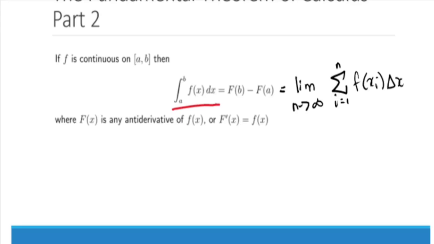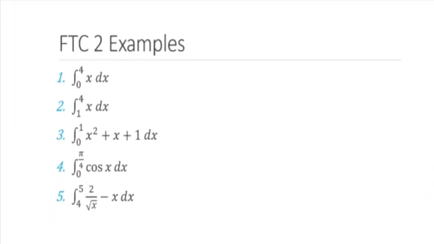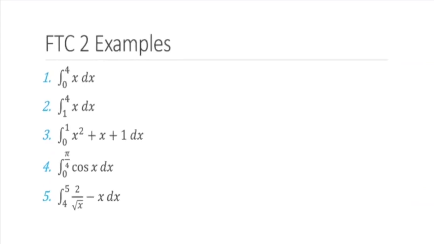But this time around, we're just going to use FTC2, so it's easier to solve the area under a curve. So, examples. If you remember, these are some of the ones we solved before.